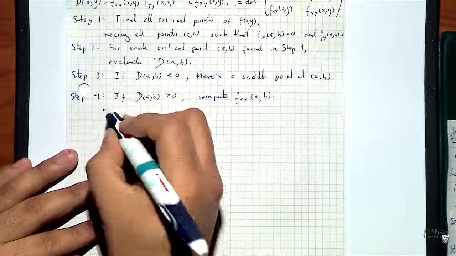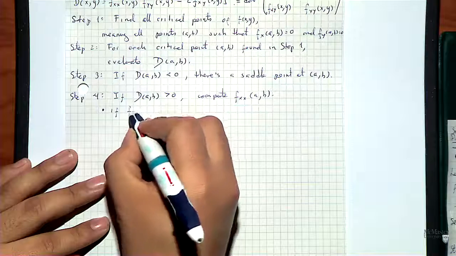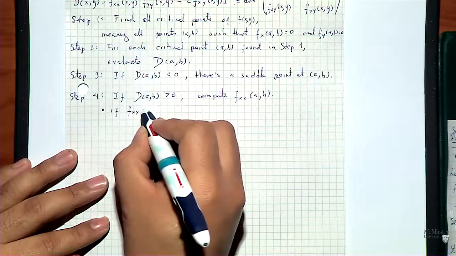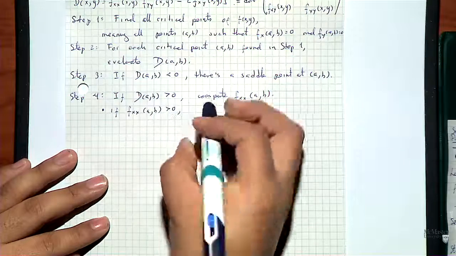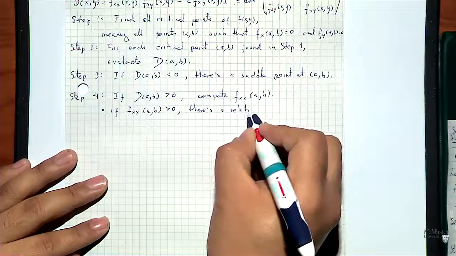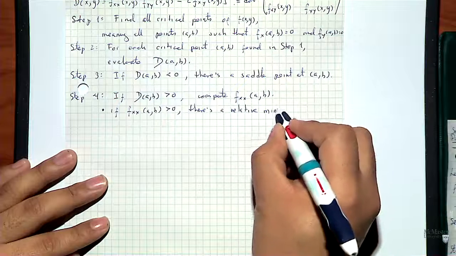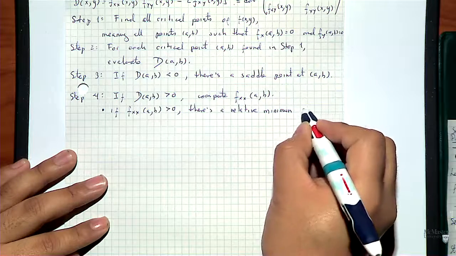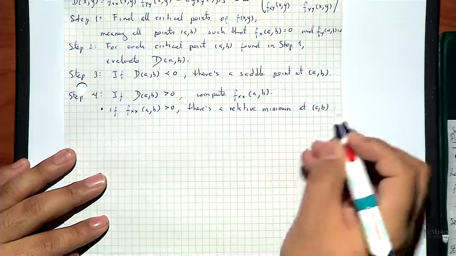Now, if the second derivative f_xx at (a, b) is greater than 0, there is a relative minimum at the point (a, b).